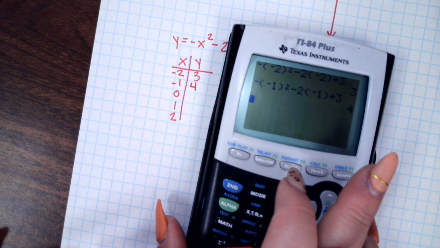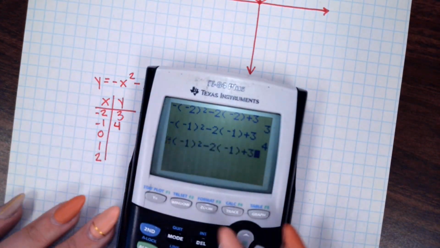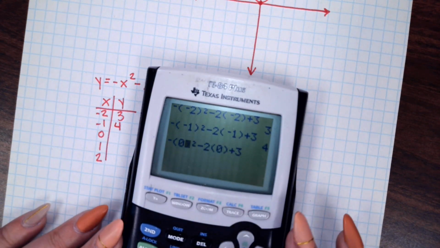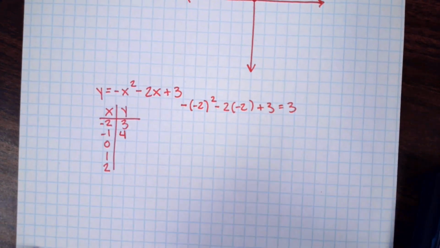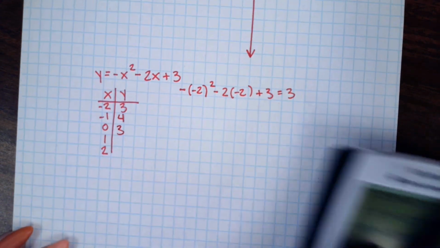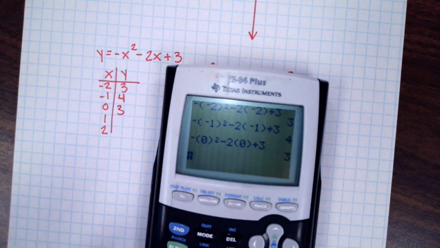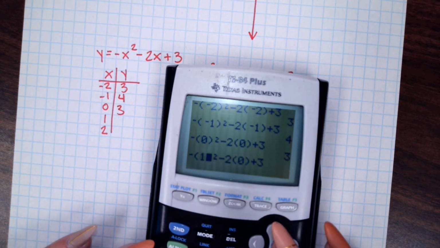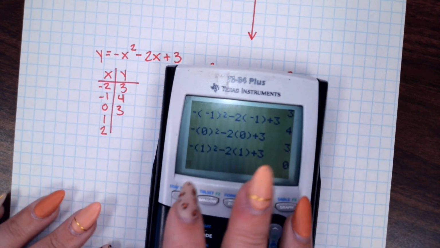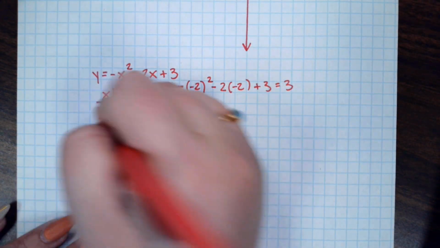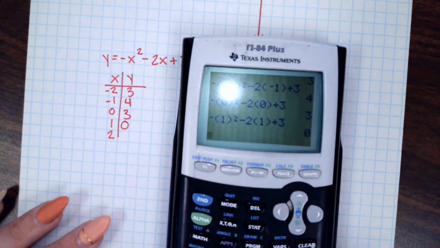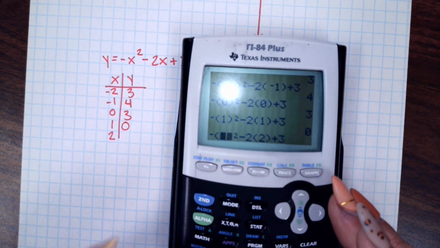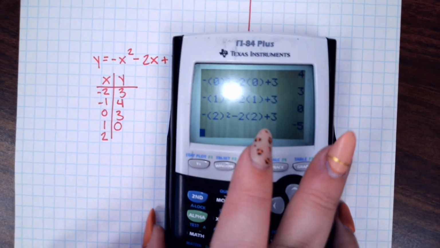Let's do it again with 0. So that's going to give me 3. Let's do it again. Second, enter. And we're going to make these 1. So that gives me 0. And let's do it with 2. So 2 for x there, 2 for x there. -5.